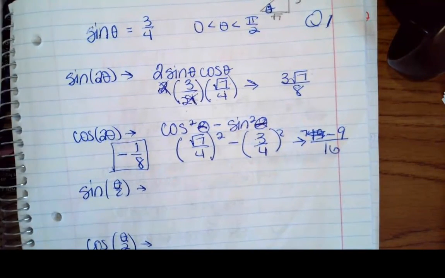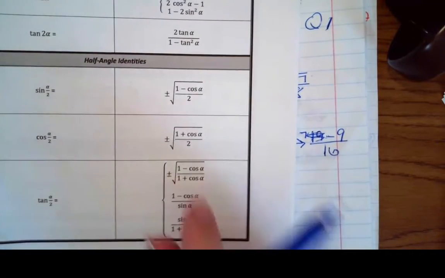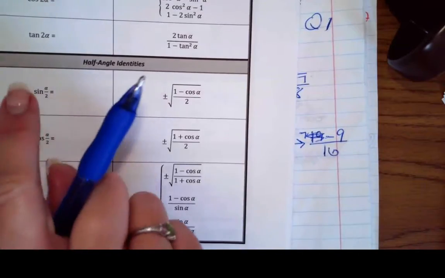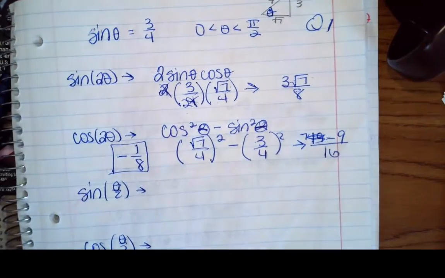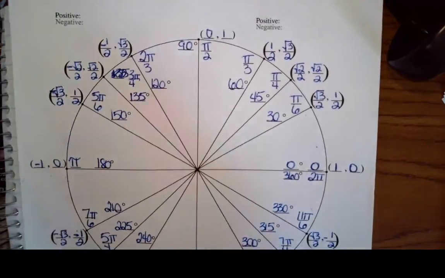So again, I need to identify positive or negative. So if I'm already in quadrant 1 and I chop that angle in half, where's my unit circle again? Good heavens to Betsy. He just needs to stay where I put him.